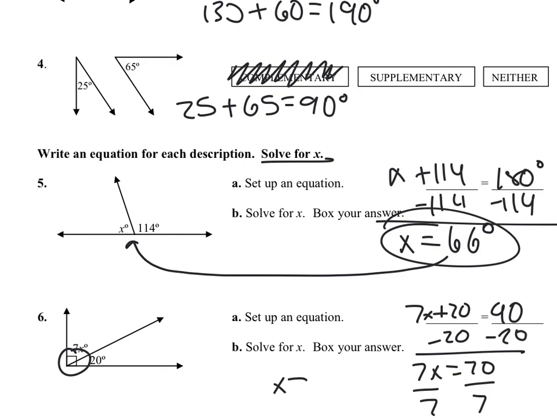And I get x equals 10. Now it is not 10 degrees, it is just 10, because if you look at the 7x, it has the 7 attached to it. So it's got a coefficient. So that's not going to be 10 degrees, it's just going to be x equals 10. Alright, let's go ahead and go to the back side.